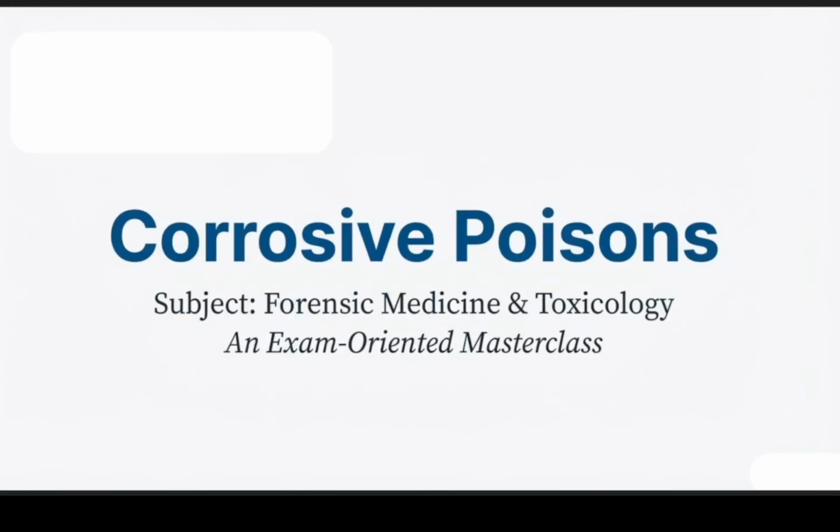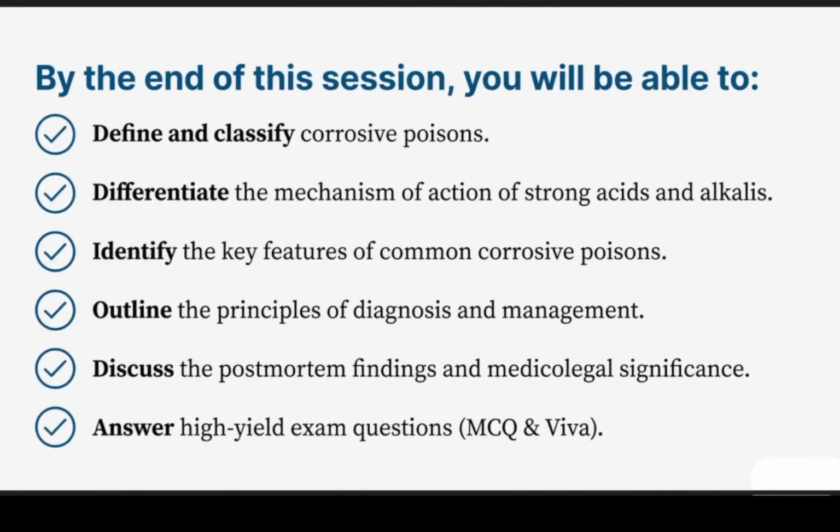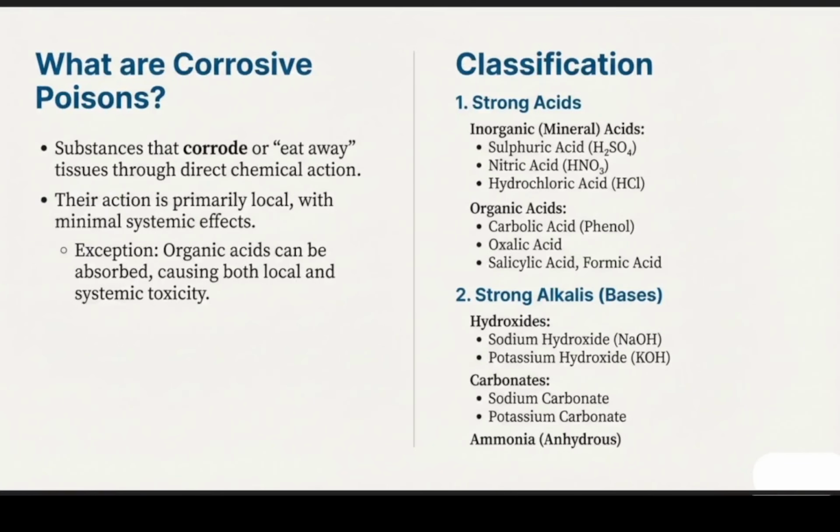So, talking about the corrosive poisons, what exactly are the corrosive poisons? The ones which are going to corrode the body, corrode the tissue, or you can say eat away the tissues, and that too how? Through direct chemical action. So probably what you need to remember is that their action is primarily local, with minimal systemic effects, but there are few organic acids which can be absorbed, and then it can be acting both locally as well as there can be a possibility of a systemic toxicity.